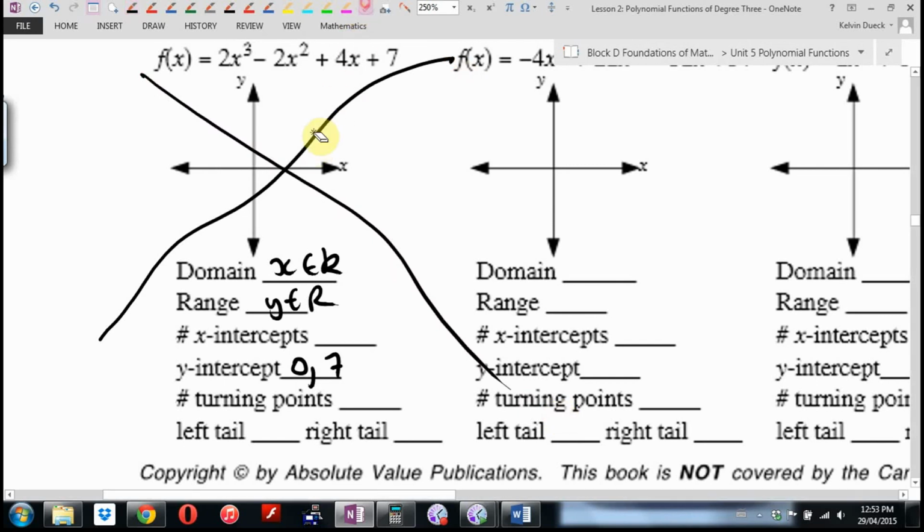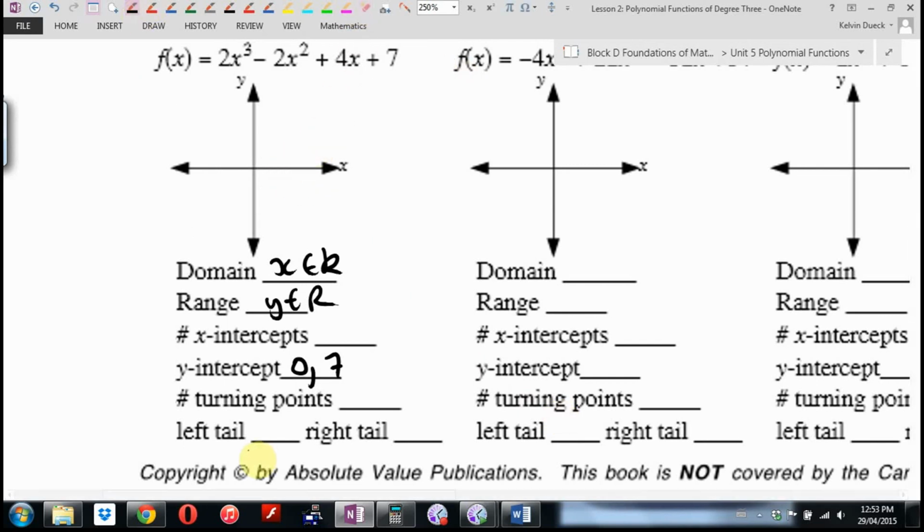It's going to go uphill, so I can tell you the left and right tail behavior, because it's positive. The other two things, how many x-intercepts and the number of turning points, that's where some heavy-duty algebra and some calculus comes in. So now we're going to graph it.